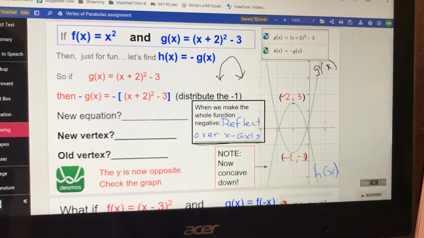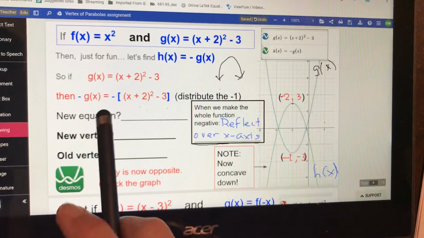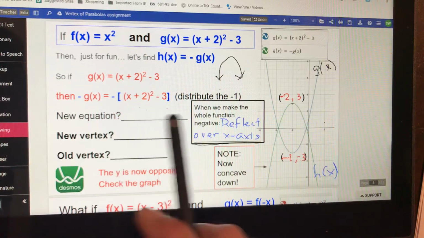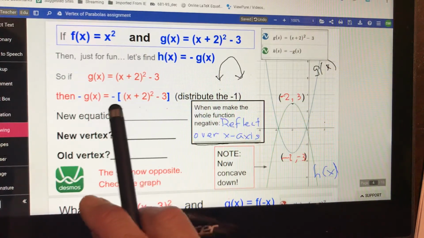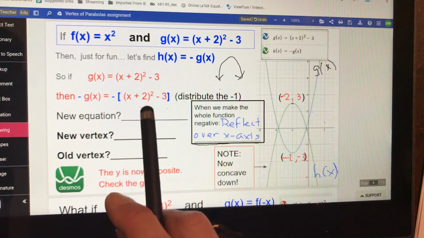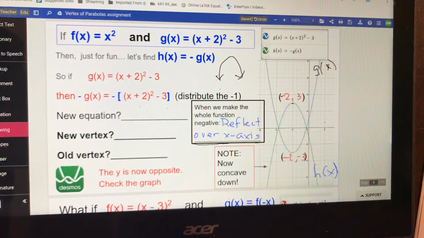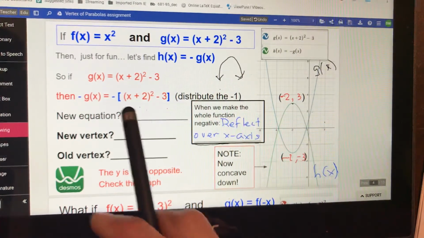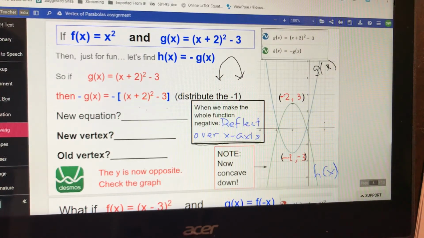But that's not all. If we made the entire function g of x negative, that means that that negative would have to get distributed to the two terms here. The first term being x plus 2 squared. Remember, never break into the bubble. That's all one thing. And minus 3. So both those signs would have to change. We would have to distribute the -1.